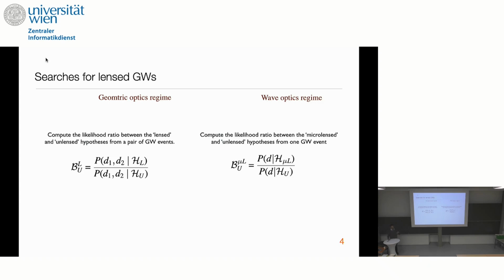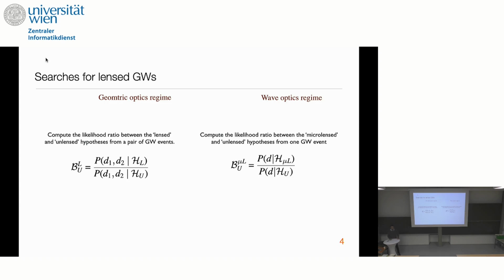One can compute it with various methods, and there are approximations used, and I'll say a little bit about that. In the case of single wave optics lensing, sometimes called microlensing, you only have a single deformed signal, so you have only a data D. But again, you still have two hypotheses: one is that this is microlensed by some point mass lens or some compact lens, or it is unlensed.